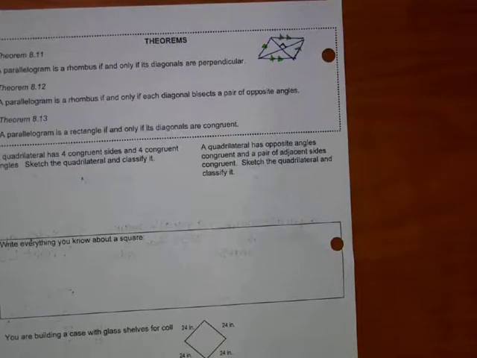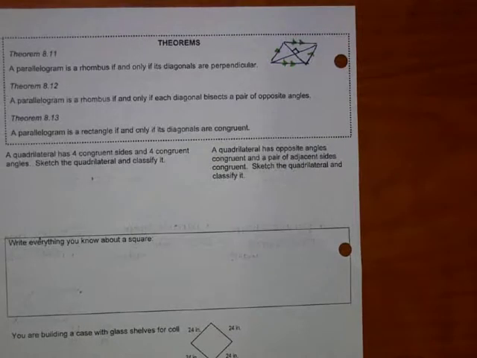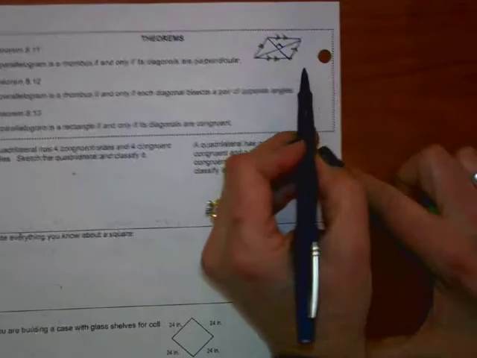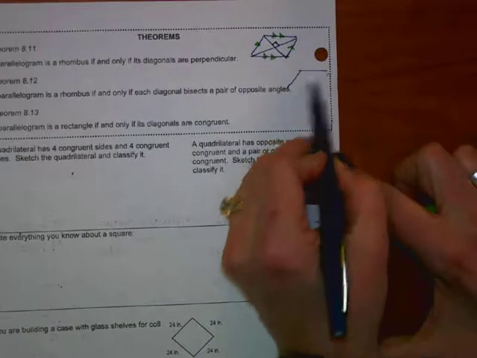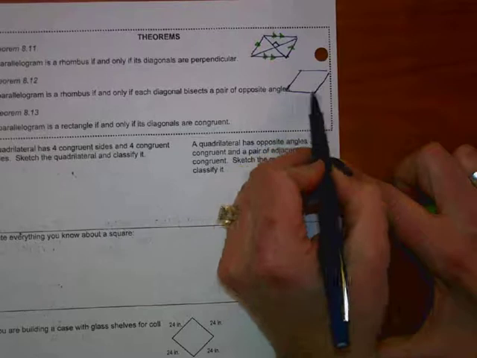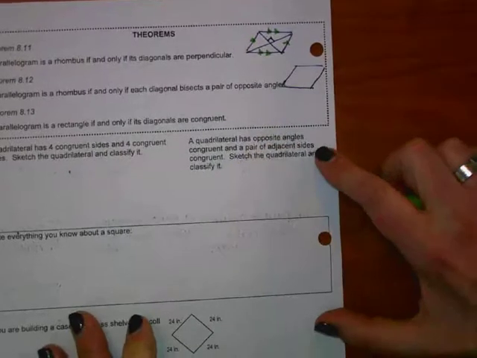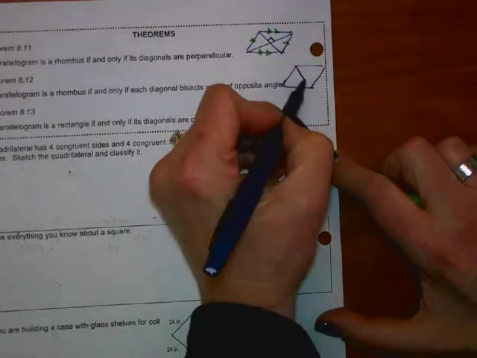A parallelogram is a rhombus if and only if each diagonal bisects a pair of opposite angles. So I'm going to draw this really small. And I'm going to draw the angles here.